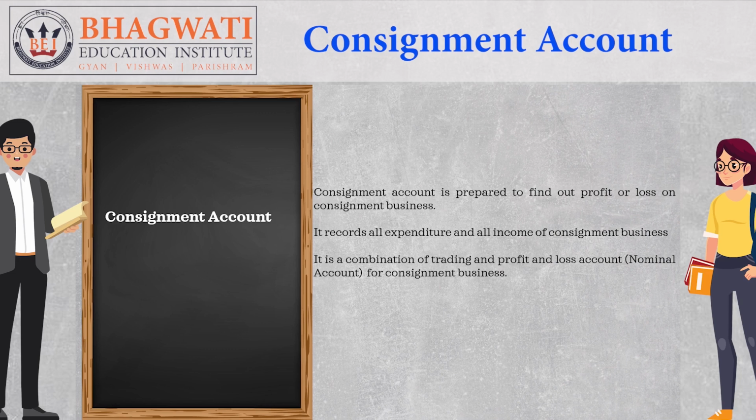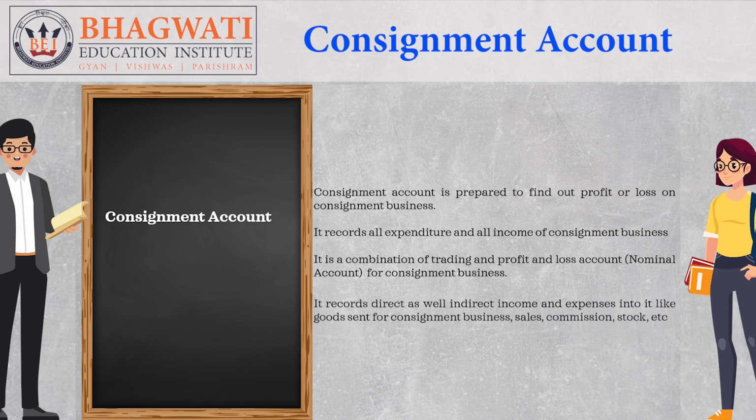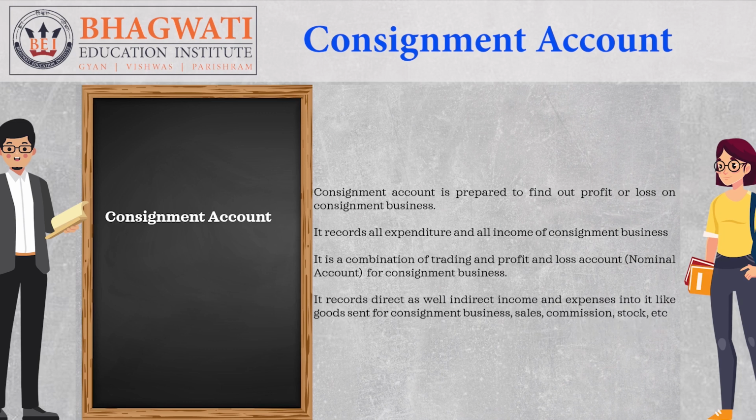So it records all the transactions which we include in trading and profit and loss account. So we can say consignment account is a combination of trading and profit and loss account for consignment business, and the nature is nominal. Here, all direct as well as indirect income and expenses, everything is recorded. As we have discussed, it records everything related to consignment business.